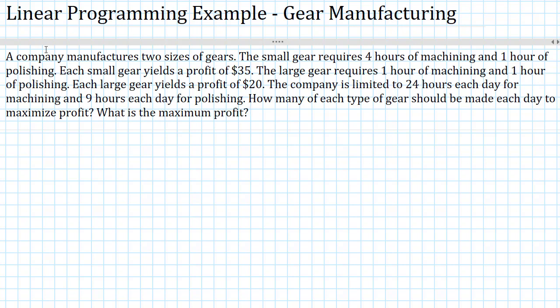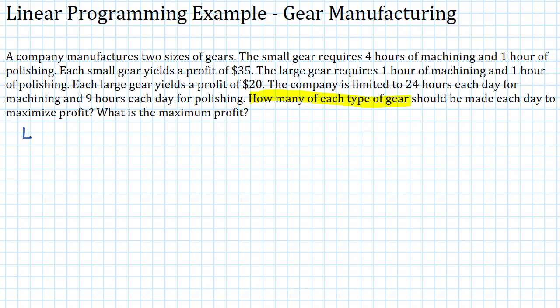Okay, so a lot of stuff going on here. So we have to start dissecting this paragraph. And the first thing we look for is we need to identify our two variables x and y. And since the problem says how many of each type of gear, let x represent the number of small gears.